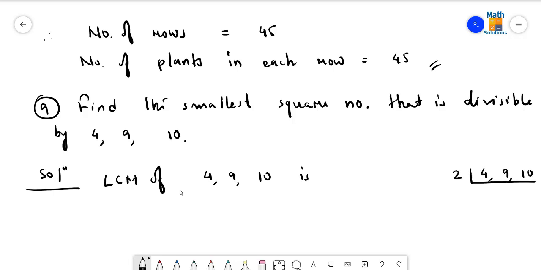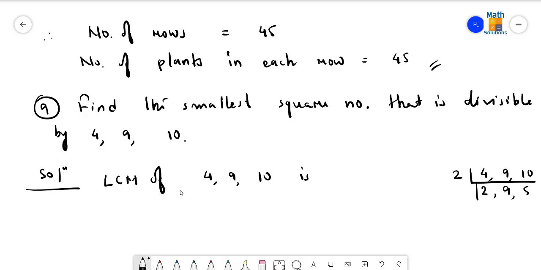First I have to take the number 2 because out of these three, two numbers are divisible by 2. So 2 2s are 4, 9 will remain as it is because it is not divisible by 2. So 2 5s are 10 here. So we find that amongst these, 5 is not divisible by 3, only 9 is divisible by 3.